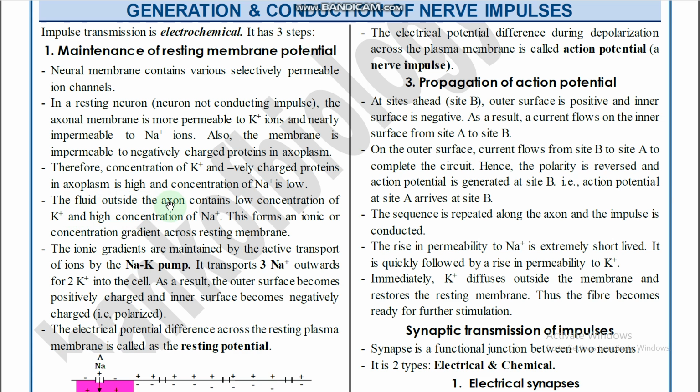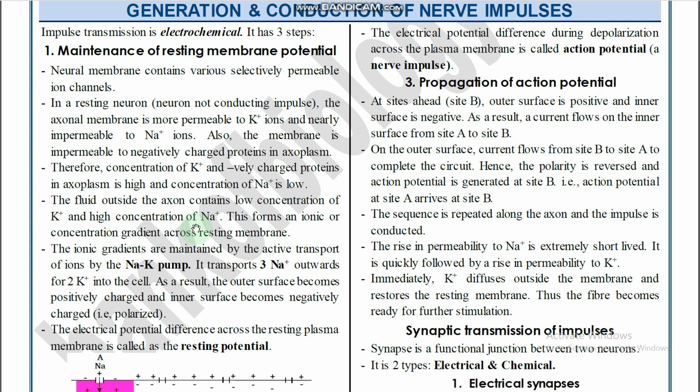The fluid outside the axon contains a low concentration of potassium and a high concentration of Na plus. Outside the axoplasm potassium is low and sodium is high, obviously, because sodium is impermeable to the inside of the axoplasm. This forms an ionic or concentration gradient across the resting membrane.